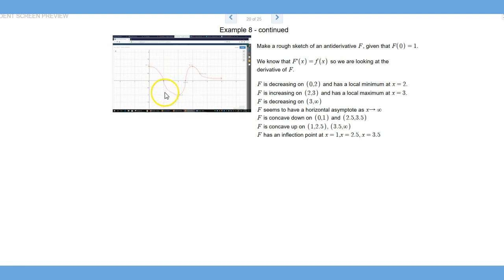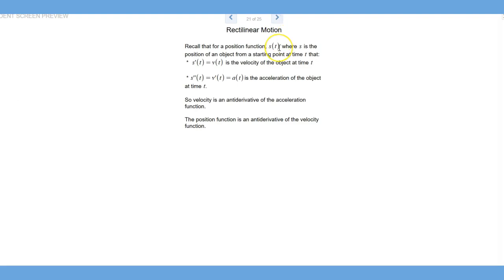When you make these graphs, I find it easier to start from the inflection points and graph outward than starting from one end of the graph and trying to get the curvature right through the inflection points. But this is not a big portion of this section, so we've already done those things.